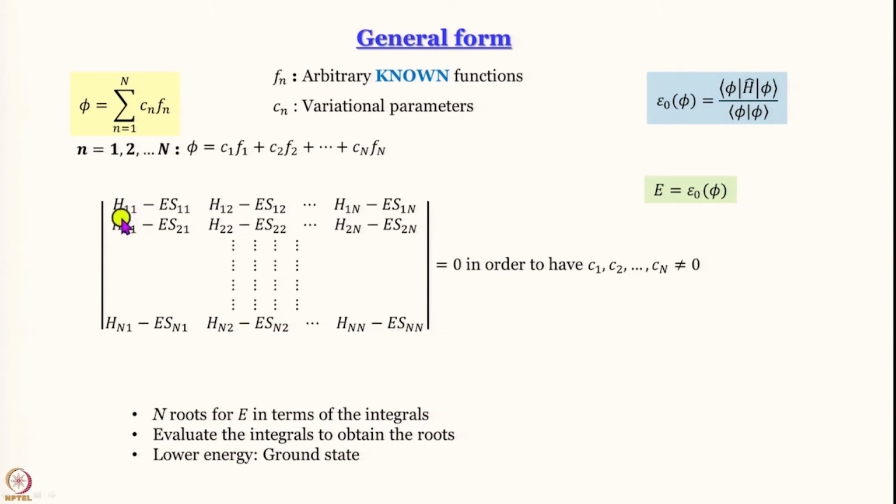If we expand it, of course it is going to be tedious once again, but if we want to do it, we can. We are going to get n roots for E, and once again the lowest energy should be the ground state energy.